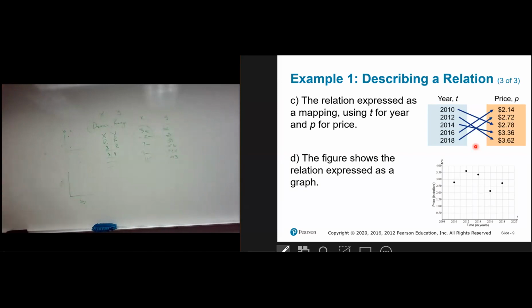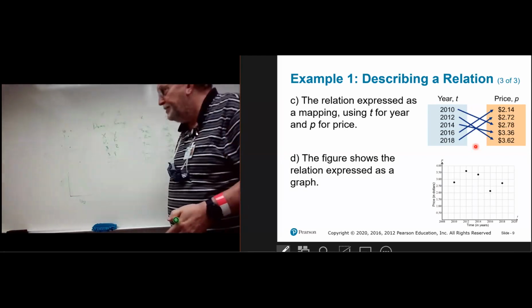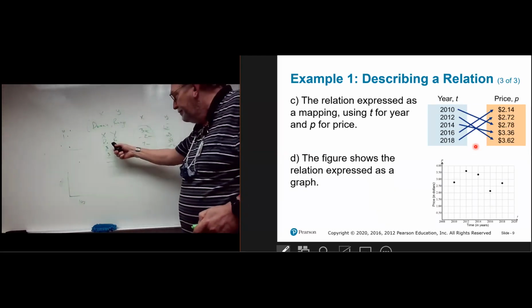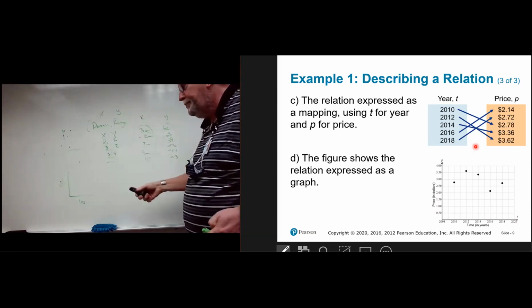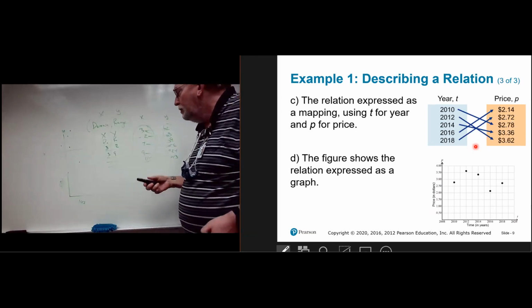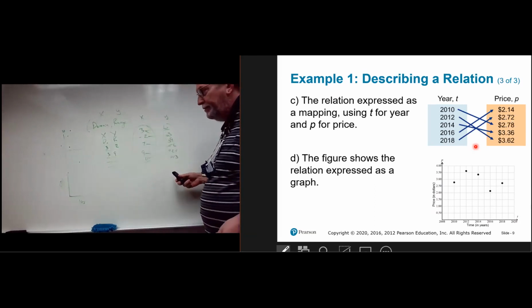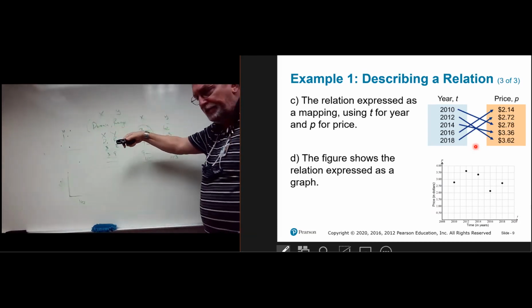Verbally, which is saying word for word what's happening inside the function or relation. Showing the ordered pairs, graph as a set of ordered pairs, if possible. Showing the mapping of the ordered pairs, or graphing the relation or function.